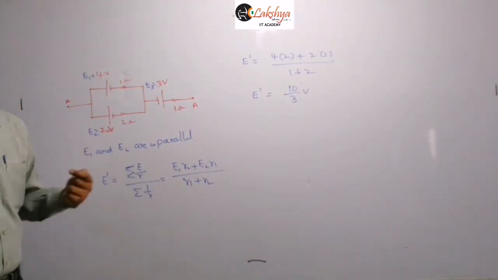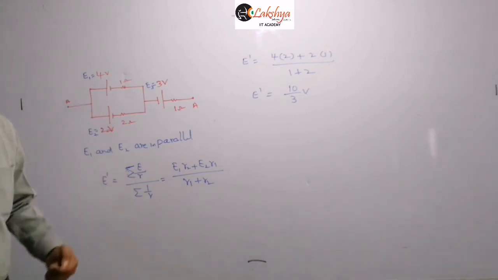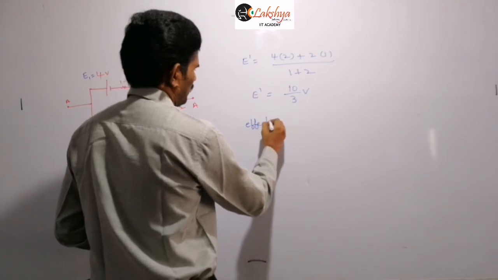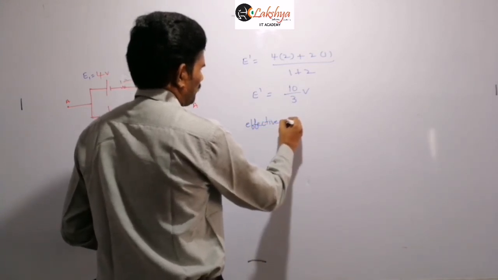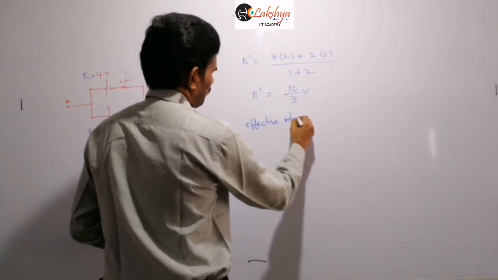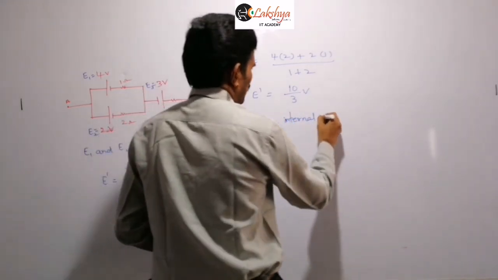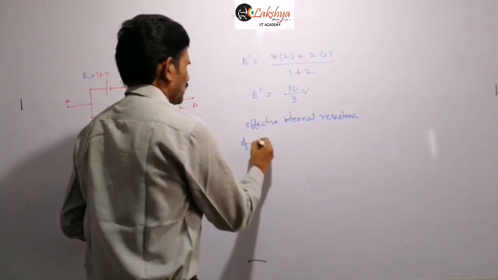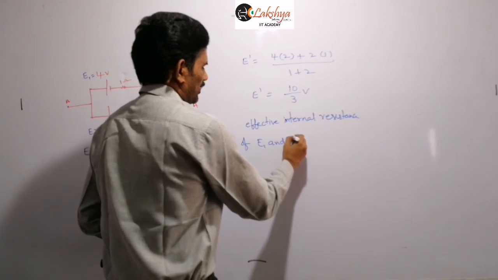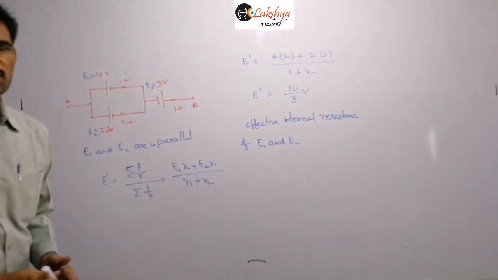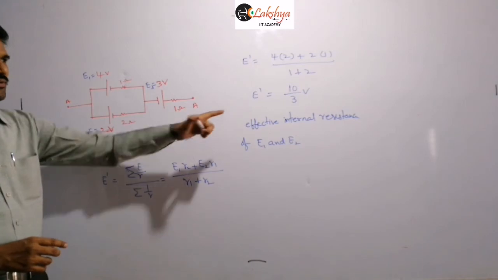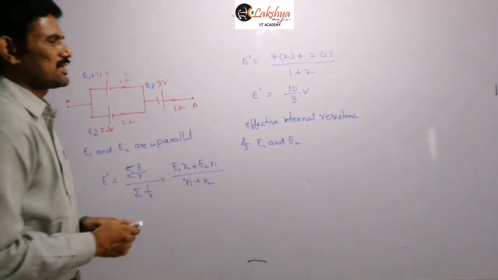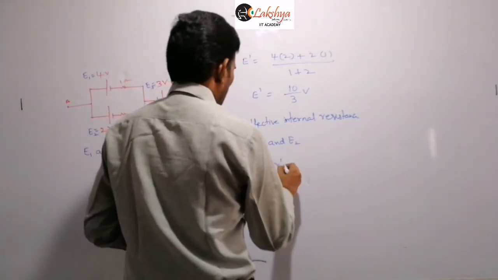And then the important thing is you need to find the effective internal resistance also, of E1 and E2. That means we are going to replace E1 and E2 by another cell. For that other cell we calculated the EMF, and at the same time we need to calculate the internal resistance also, which I am taking as R dash.